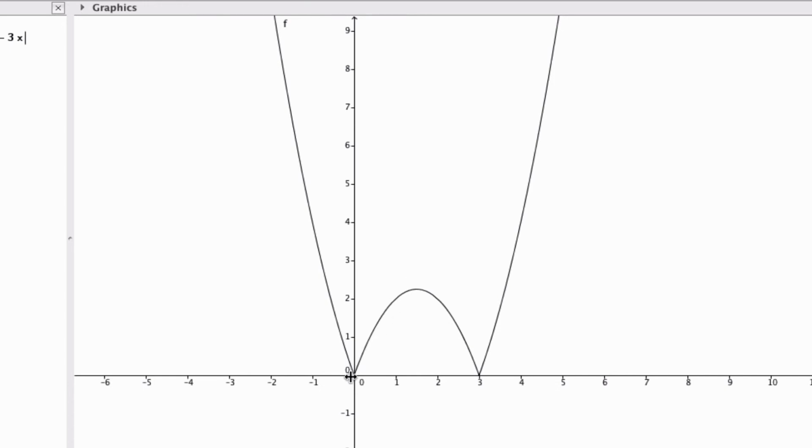This function is really a parabola, except the vertex isn't going to go down below the x-axis because it's an absolute value function. So that is really just flipped over the x-axis, and it makes the vertex, quote unquote, right there. So it has to go into that piece of the function.